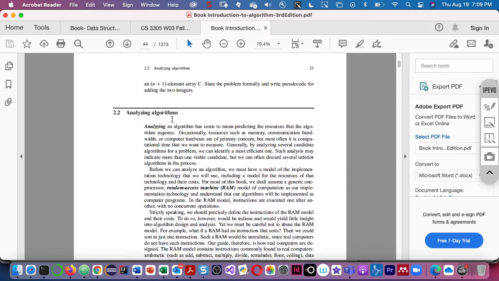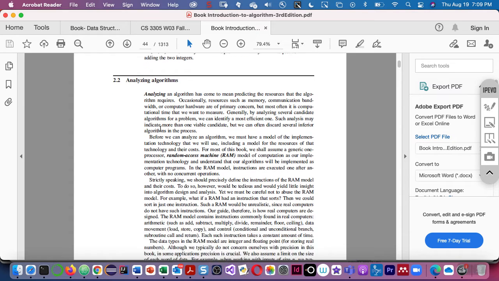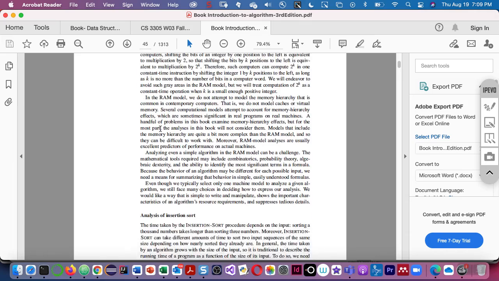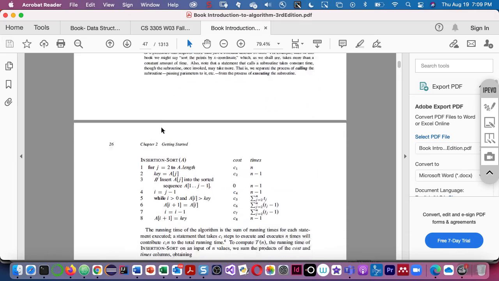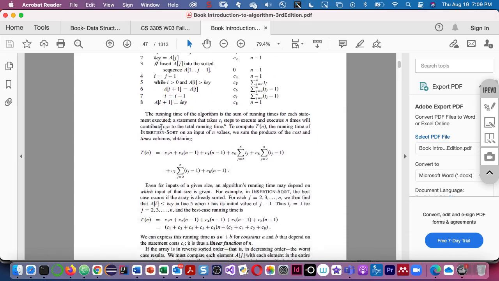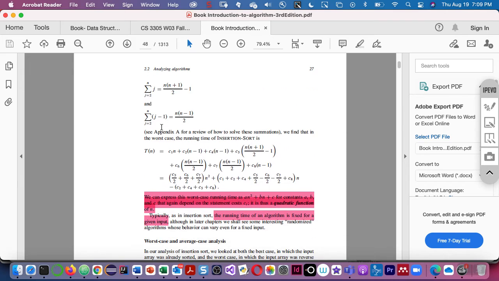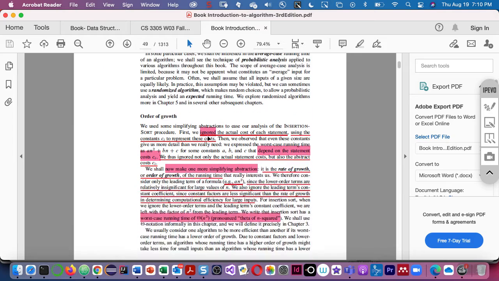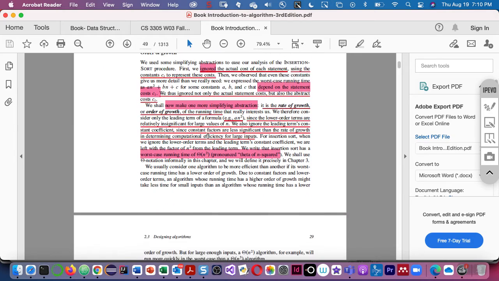Okay, so please read this topic one more time, so then you may find something new. Okay, this is the insertion sort algorithm. It takes n squared. That discussion is over here, but I'm going to another one.